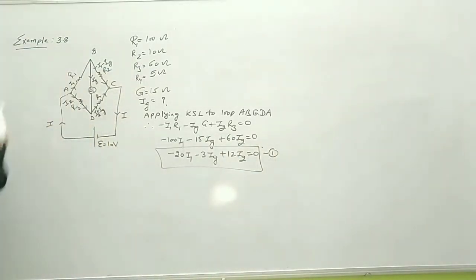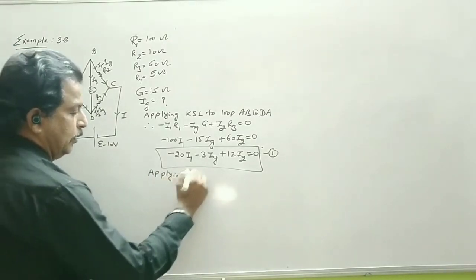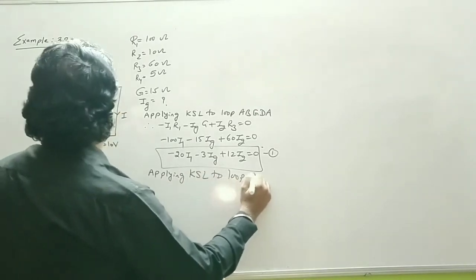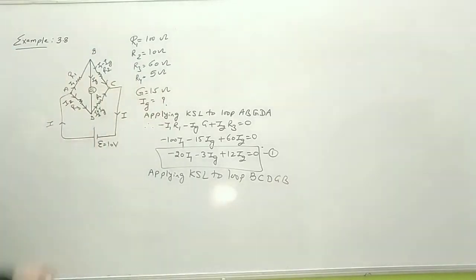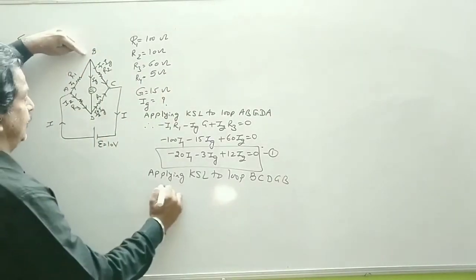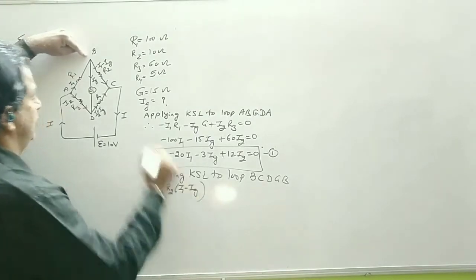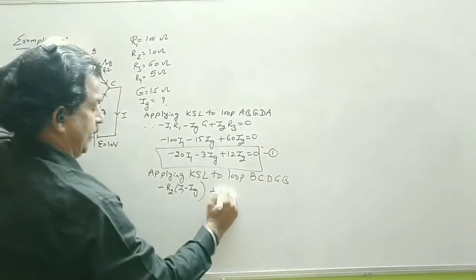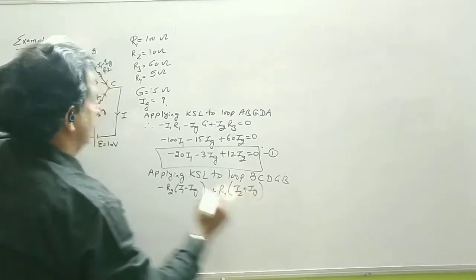Similarly, we apply Kirchhoff's second law to the loop B, C, D, G, B. In the direction of current, minus sign, minus R2 times I1 minus IG. From C to D, current opposite, plus sign, I2 plus IG.